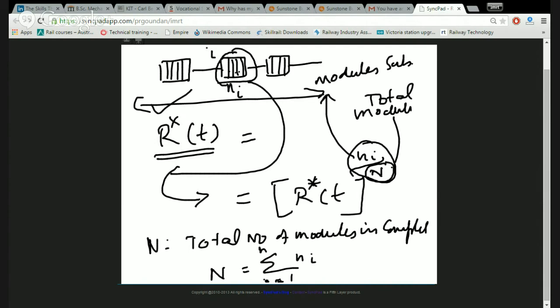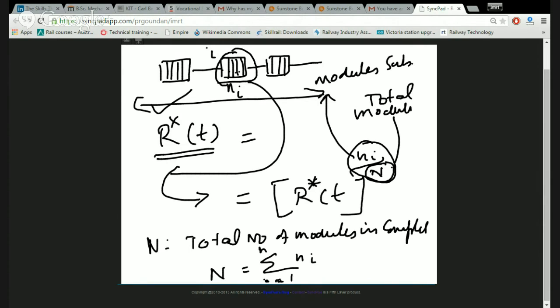So if one fellow has got only one module, he will simply have 1 by the total number of modules. If you have got 10, it is 10 by total number of modules. So it is reasonable. It is an extension of equal apportionment, subject to the number of modules each one has got.